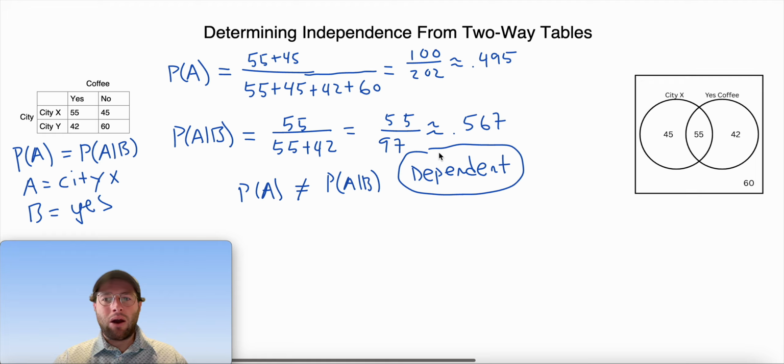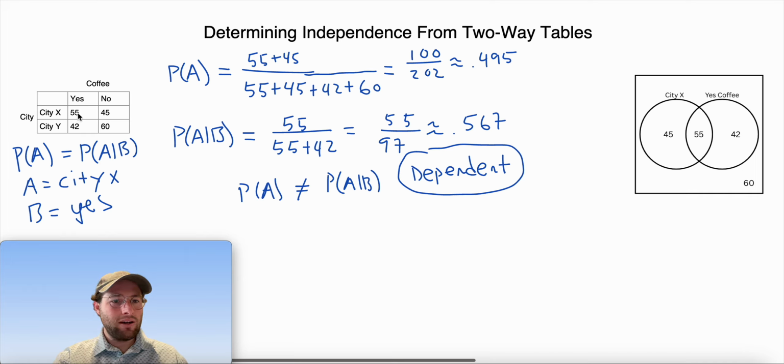Now I want to look at the Venn diagram and see how we can interpret it to determine if living in city X and drinking coffee are independent. In the circle on the left, city X, the number of people from city X in the survey was 45 plus 55, which we also see in the table. The number of people that drank coffee is 55 plus 42.